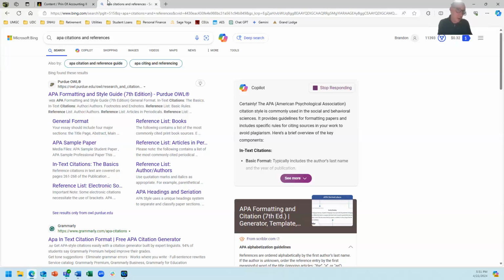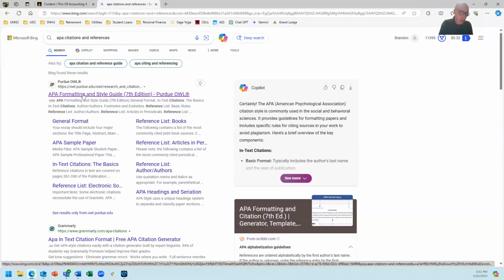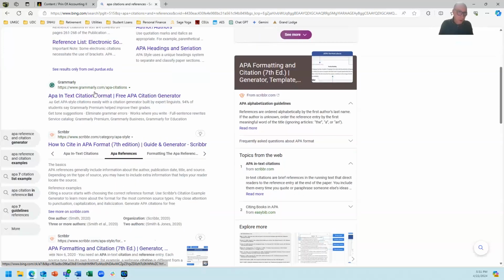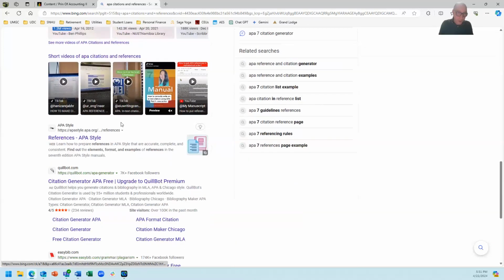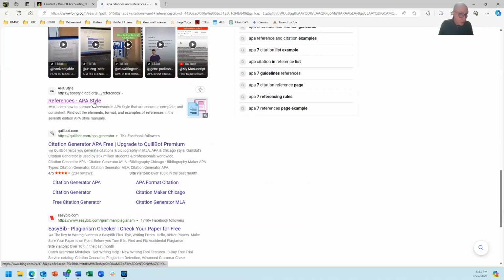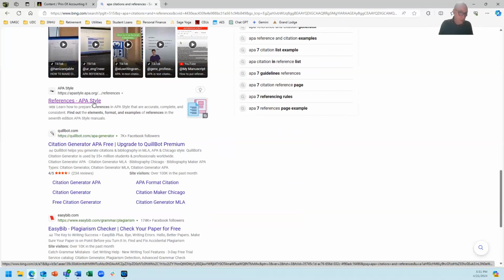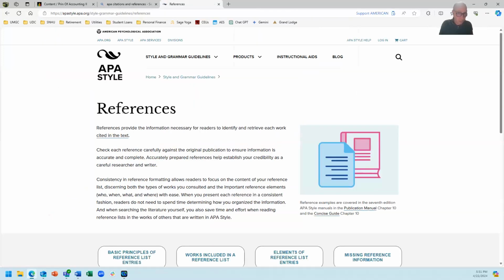You can use something like Purdue OWL, which is kind of like an expert website on citations and references. You can use Grammarly. You can use, I don't know what that other one is. You can use apastyle.org, which is APA's website.